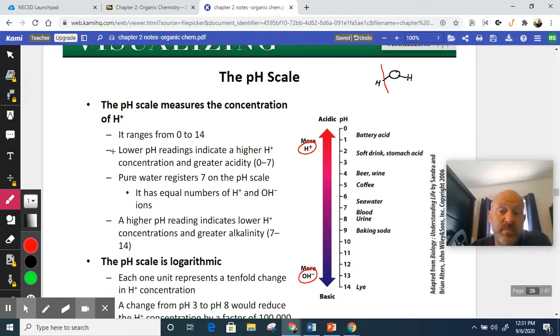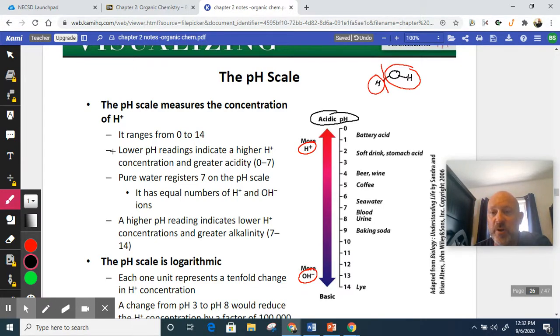Now, there are certain things in the world that have more of these in them, and other things that have more of these in them, right? Some solutions that have more of these in them are called acids. And other solutions that have more hydroxide ions in them are called bases.